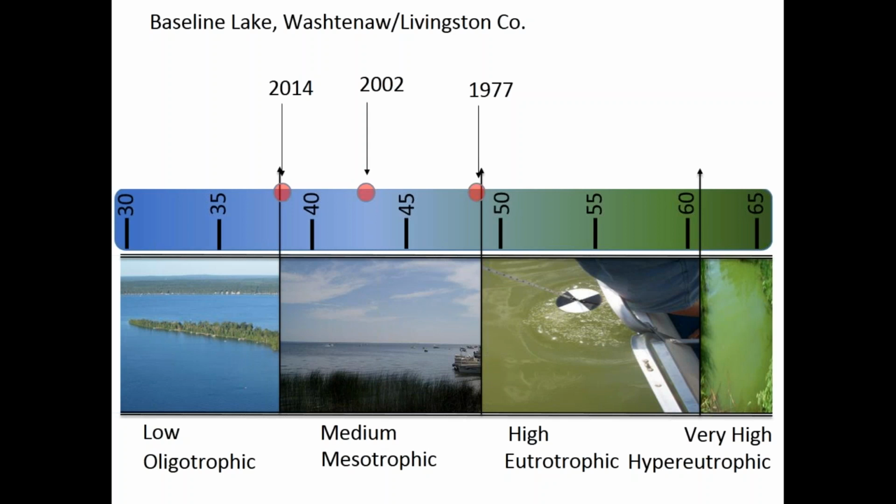They actually were infested with zebra mussels, which greatly increased the transparency. And you can see over time they moved on that scale from near eutrophic, and now they are near oligotrophic. So this Trophic Status Index that we use is just a very convenient way of understanding where on this continuum your lake falls.